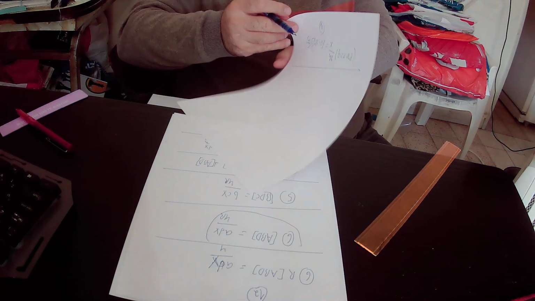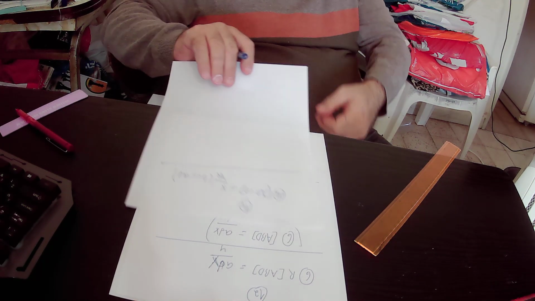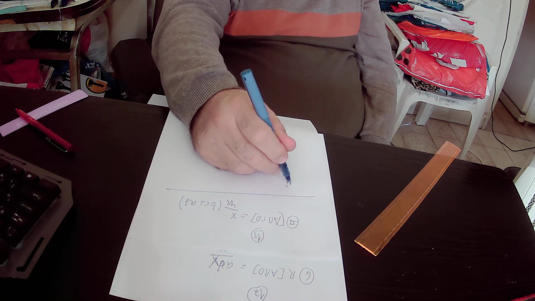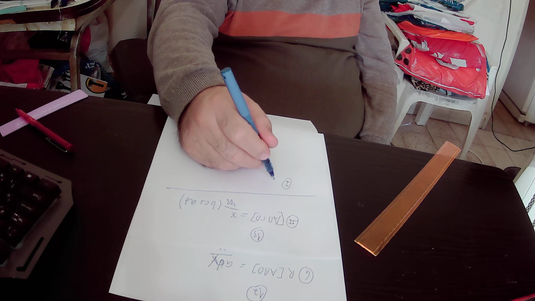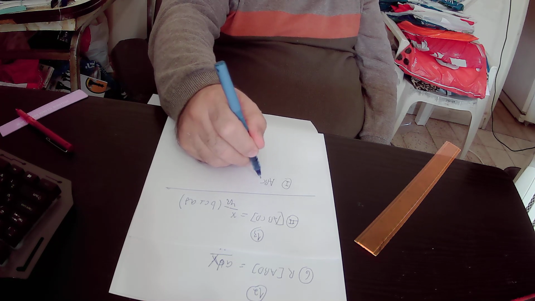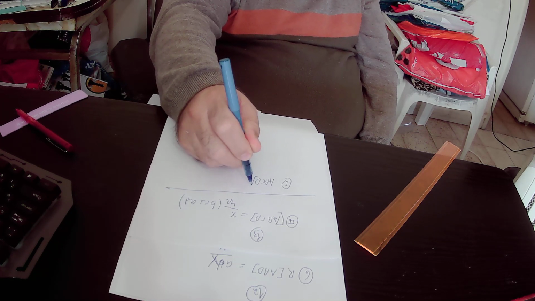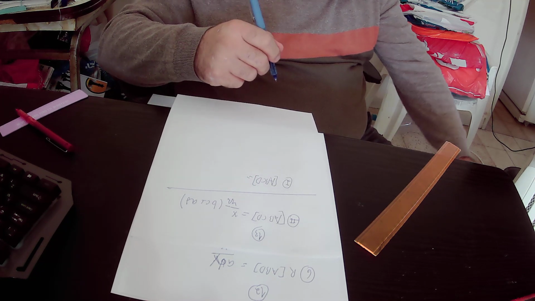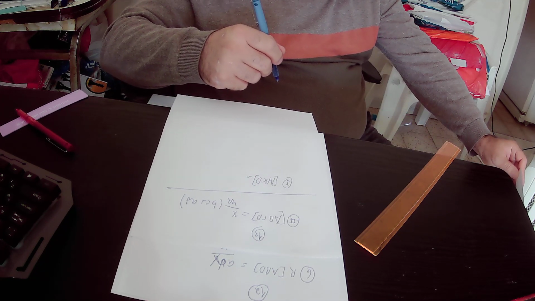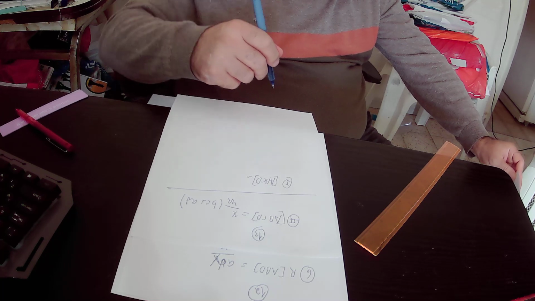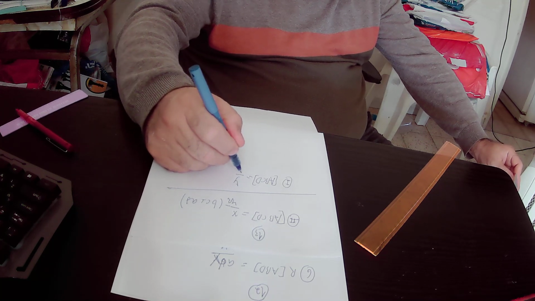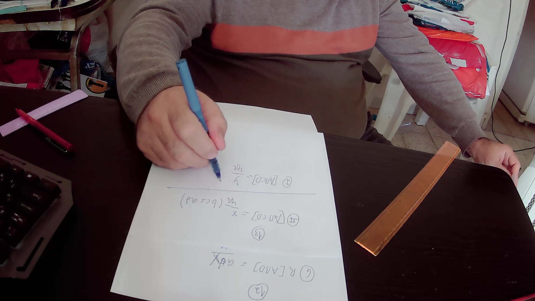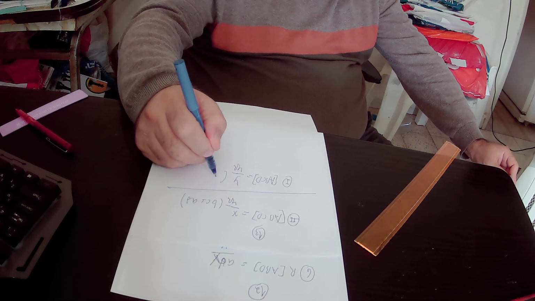But we have already found out, according to equation number 1, that the area of quadrilateral ABCD equals y over 4R times (AB plus CD).